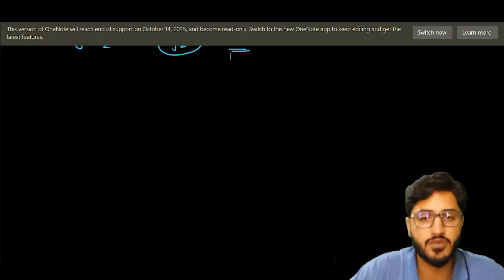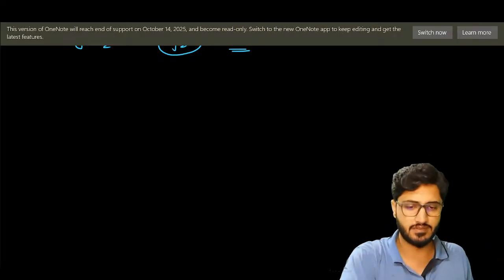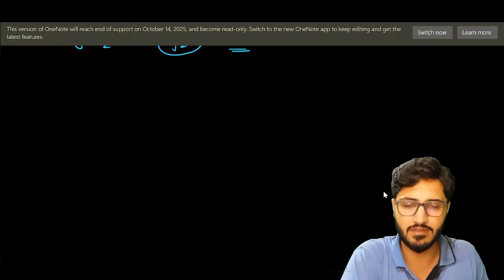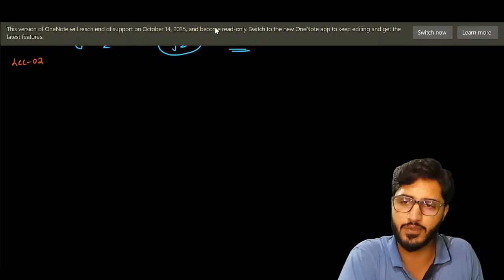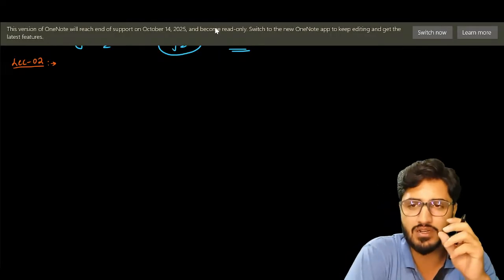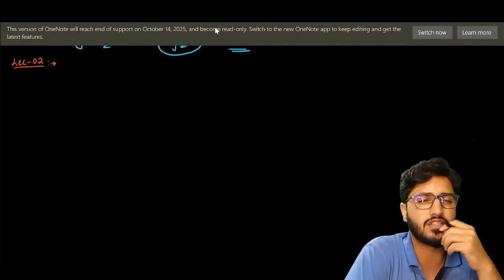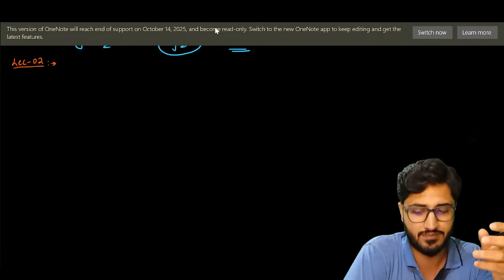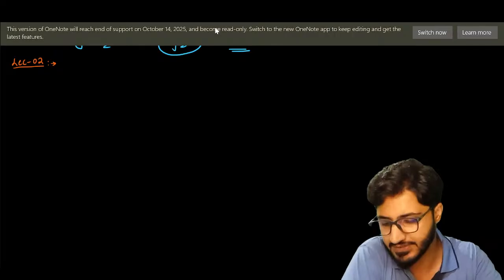So we discussed these things in the last class. Now let us do a simple numerical. By this numerical, we will be starting lecture number 2. This lecture would be a little bit lengthier, 1 hour plus.